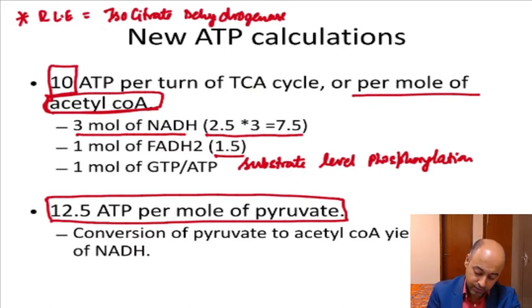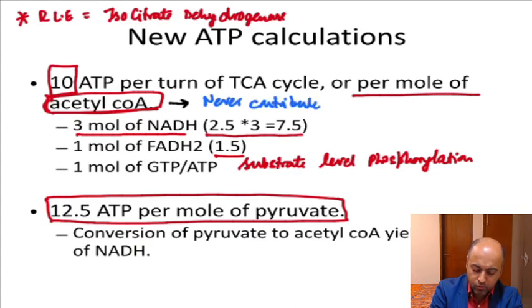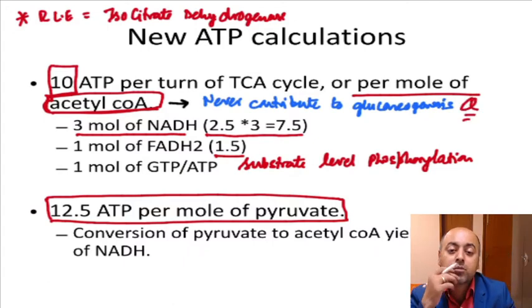And second point, the acetyl coenzyme A will never contribute to gluconeogenesis. This is another common question which is asked, and one of the options is acetyl coenzyme A. So remember, it will never contribute to gluconeogenesis.